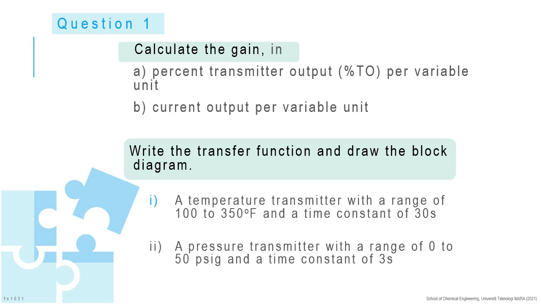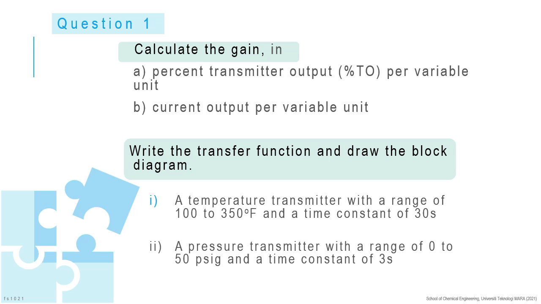You need to calculate the gain in percent transmitter output, percent TO per variable unit, and current output per variable unit. In order to solve this kind of problem, you need to know the range for percent transmitter output. The percent transmitter output range is between 0 to 100, whereas the range for current output is between 4 mA to 20 mA.